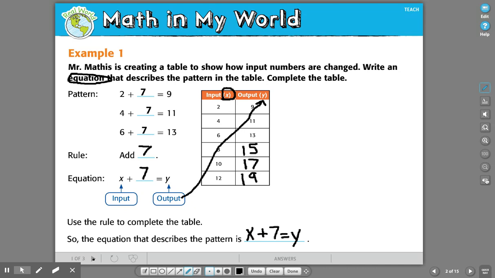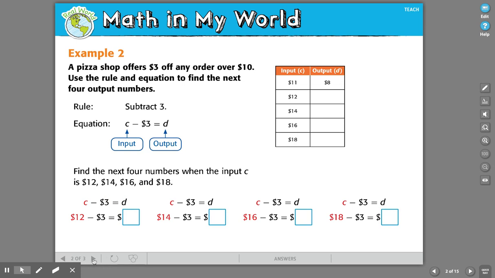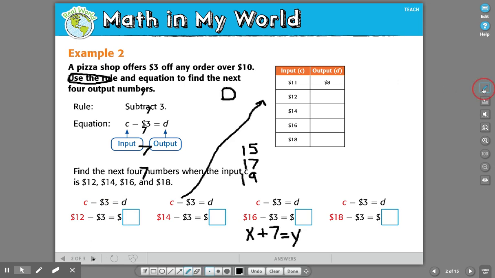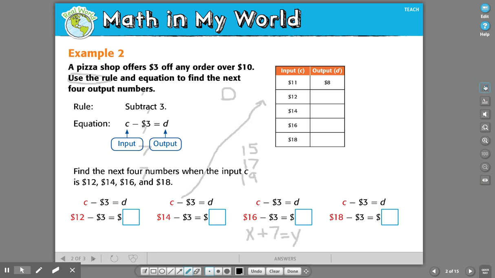Let's see. Here's the big question now. There we go. How do we get rid of all that? All right. Let's look at example number 2. Oh, man. How do I get rid of it? If you know how to get rid of that, I wish you could tell me right now.